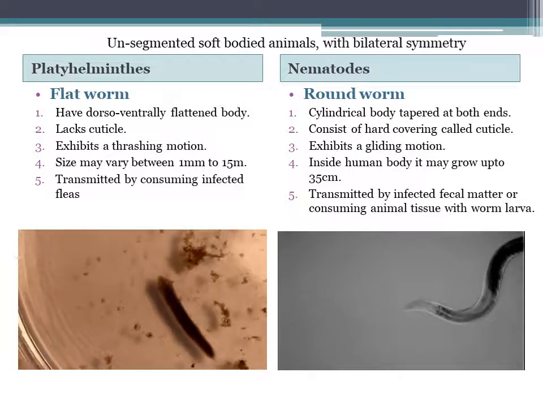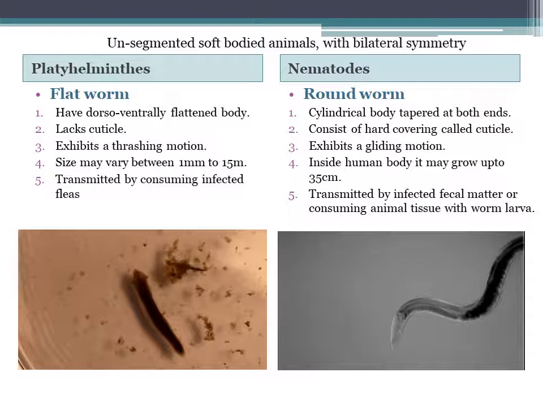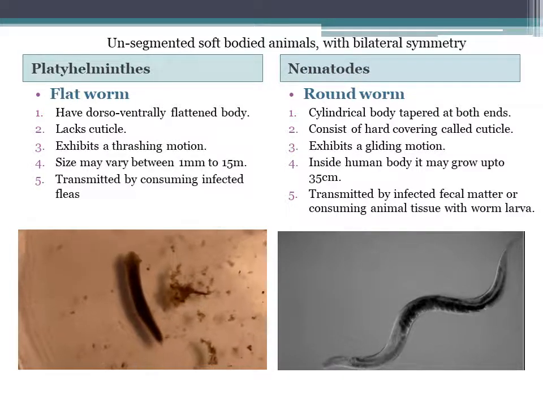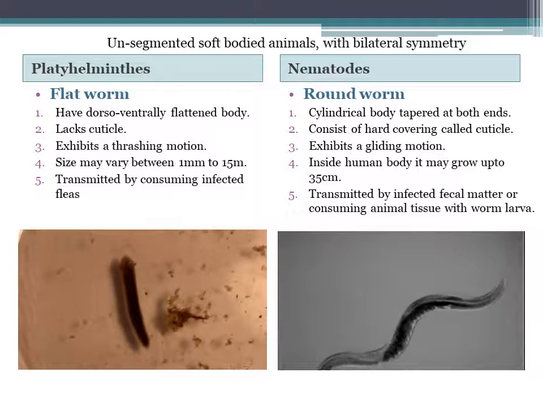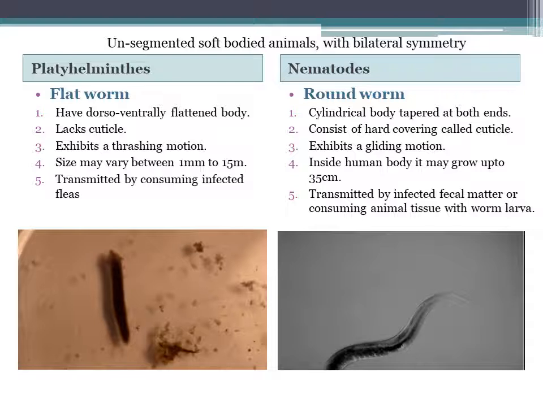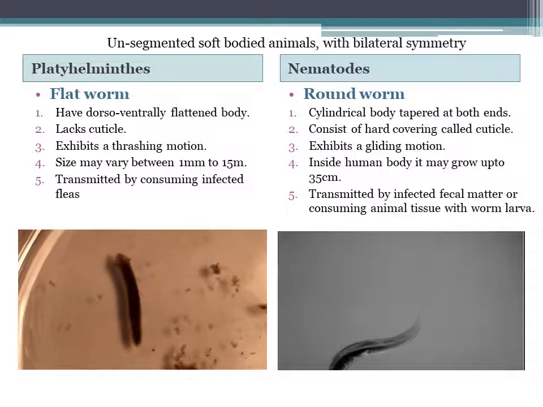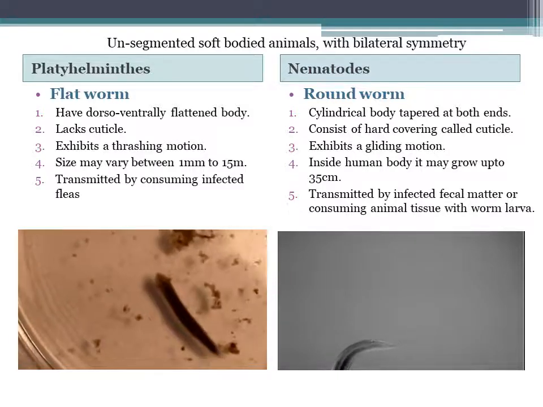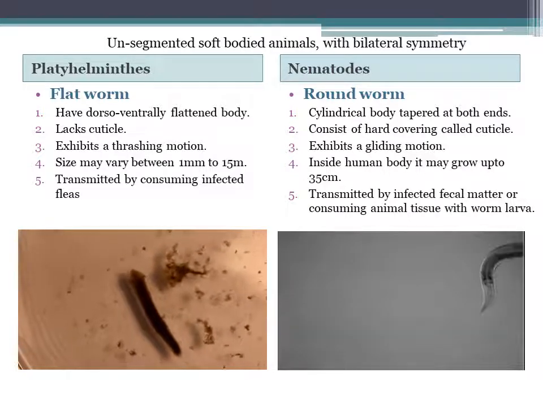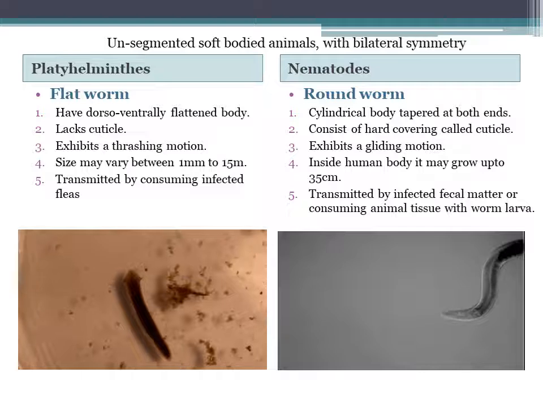So here, now we will see the different characteristics which a non-biologist can understand. Otherwise, there are many other features which zoology students have to learn. So here I have restricted the characteristics which you can study. Coming to flatworms, their body is dorso-ventrally flattened.